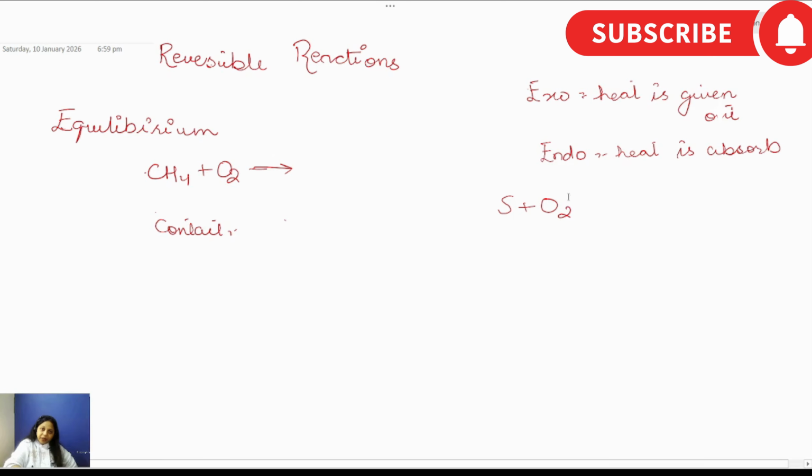Yes. We add sulfuric acid to produce oleum, and from oleum, the sulfuric acid is produced. So I'm just writing the reaction. First of all, these two react to form SO2. This sulfur dioxide reacts with more oxygen and converts into sulfur trioxide. Now, this reaction is the reversible one.